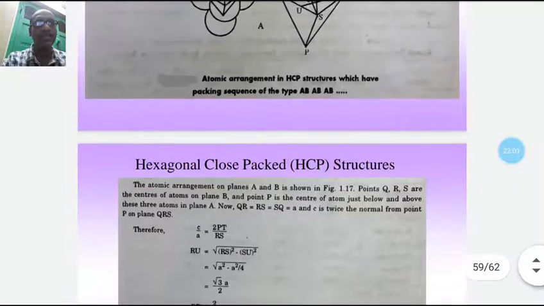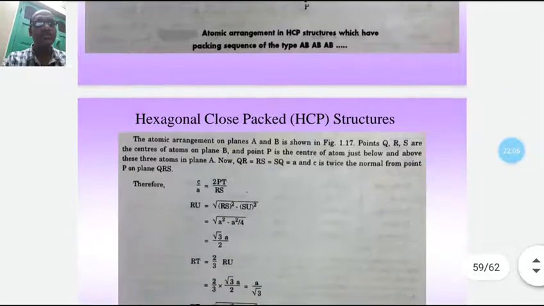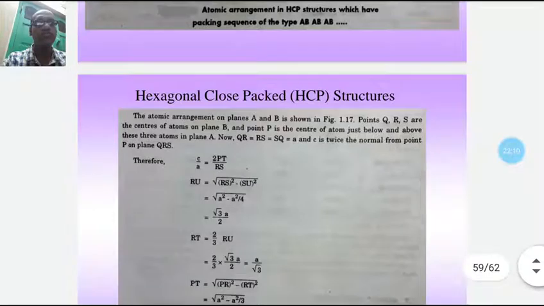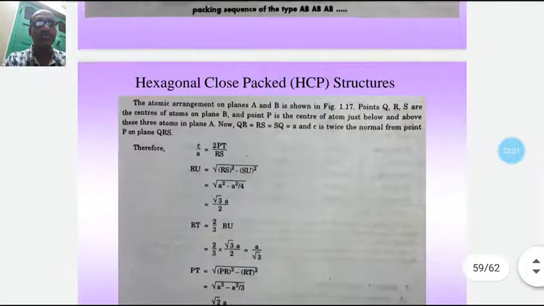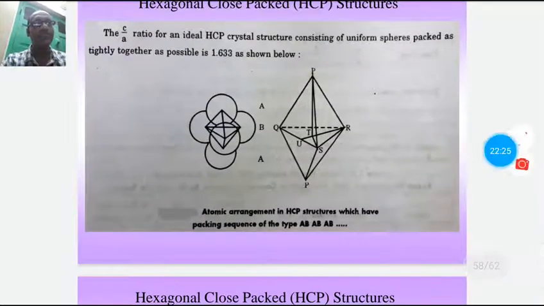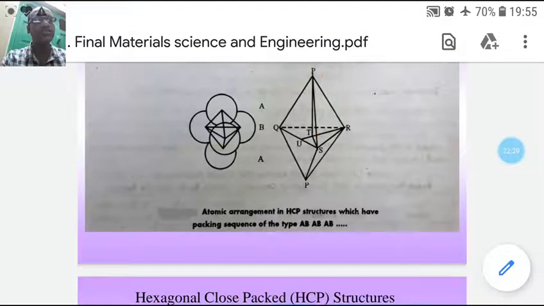And RT is 2/3 of RU for this triangle geometry. So 2/3 of RU, with RU equal to root 3 into A by 2, gives A by root 3. So now we have to calculate the PT, that is the P to T distance.